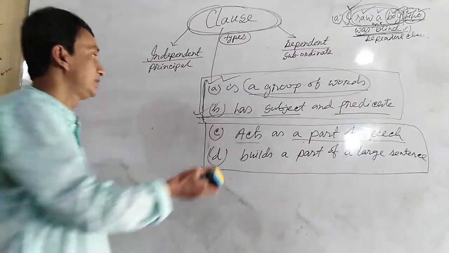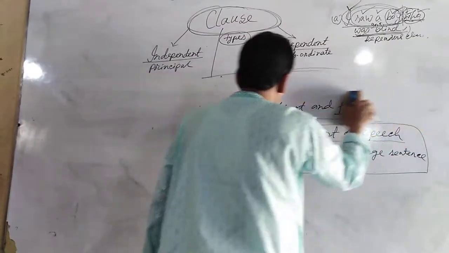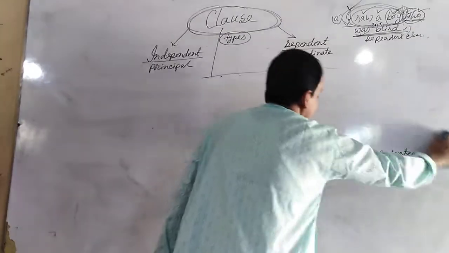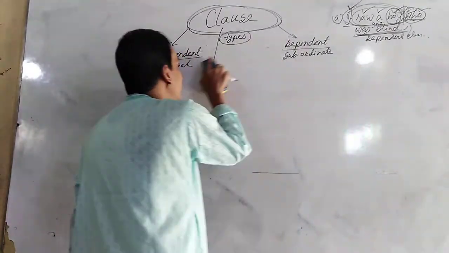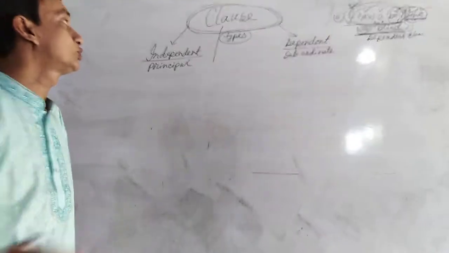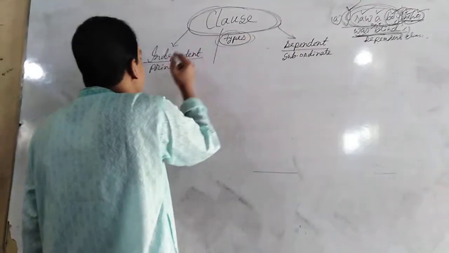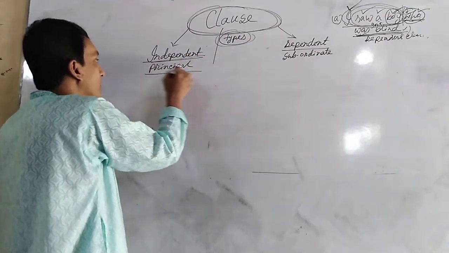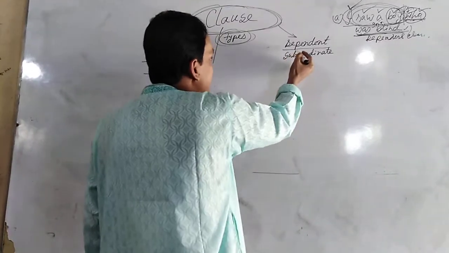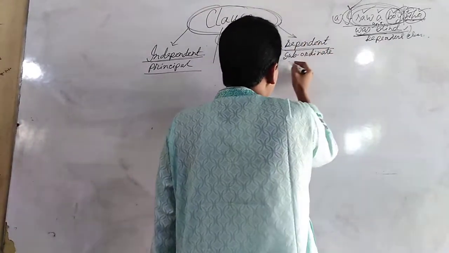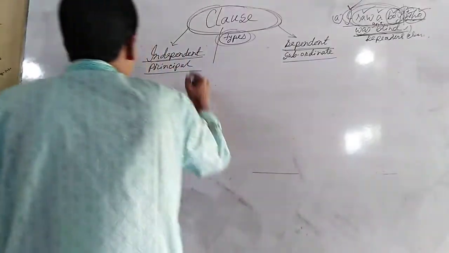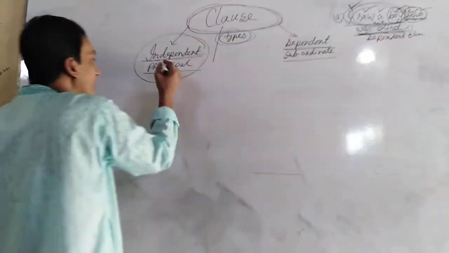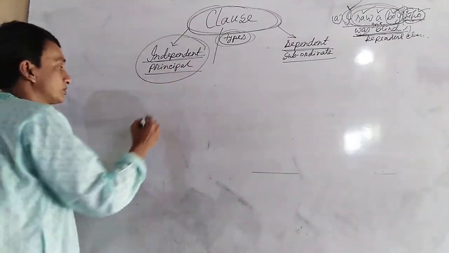Now we will discuss classification of clause. A clause is mainly divided into 2 types. First one is independent clause. It is also called principal clause. Second one is dependent clause. It is also called subordinate clause. Now we will discuss independent clause or principal clause.